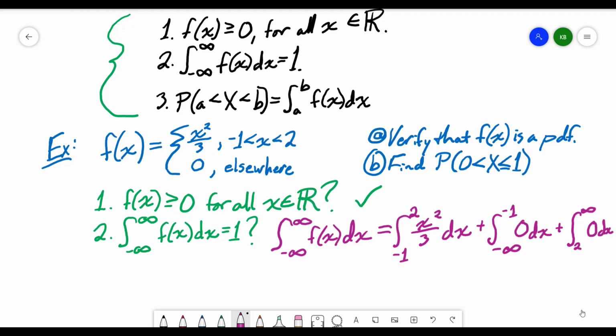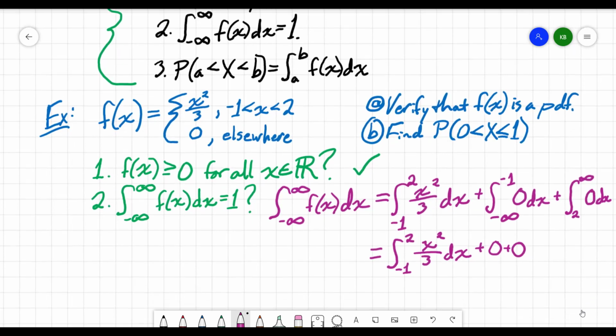So the integral over all of the real numbers is going to be the sum of these three integrals. The integral from negative 1 to 2 is one that we're going to have to do a little bit of work on, so let's just leave it the way it is right now. The integral from negative infinity to negative 1 of 0, well, the integral of 0 is 0, so that's really just 0. And again, the integral of 0 is 0.